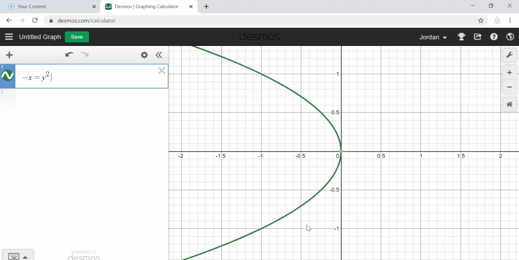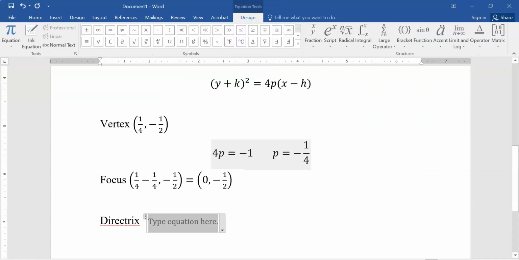Now, be careful when you look at this. It is going to be a vertical line, so the equation of a vertical line always has x equals. We're going to take the x value of the vertex and add 1/4. So what we end up with is that the directrix is the line x equals 1/2.